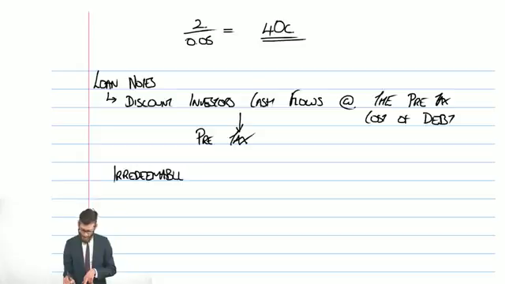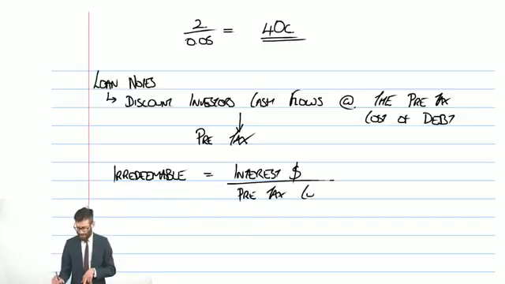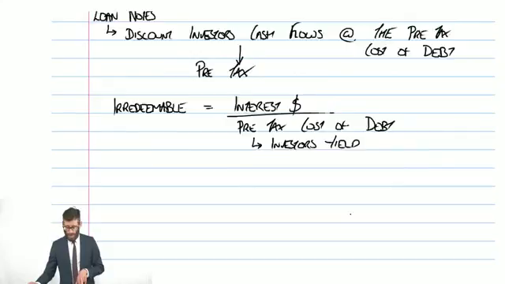An irredeemable will simply equal the interest in dollars divided by the pre-tax cost of debt. Also known as the investor's yield, or even the investor's required return.